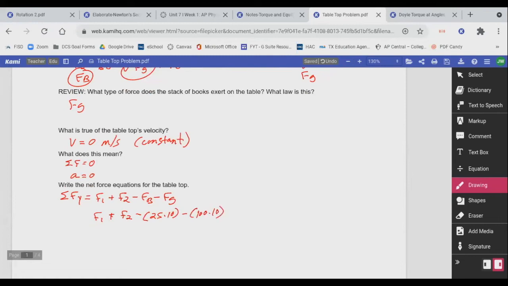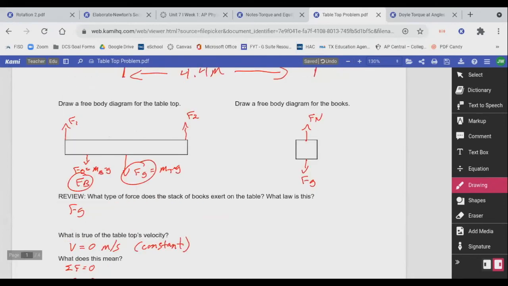And we know that this is going to be equal to 0 because we said the net force is equal to 0. So F1 plus F2 minus 25 times 10 minus 100 times 10 is going to be equal to 0. And that's coming straight from our free body diagram.